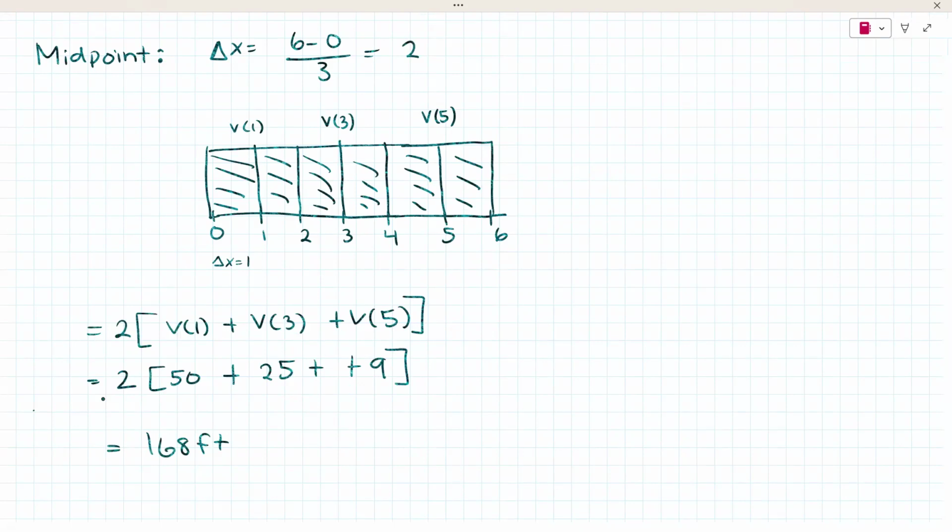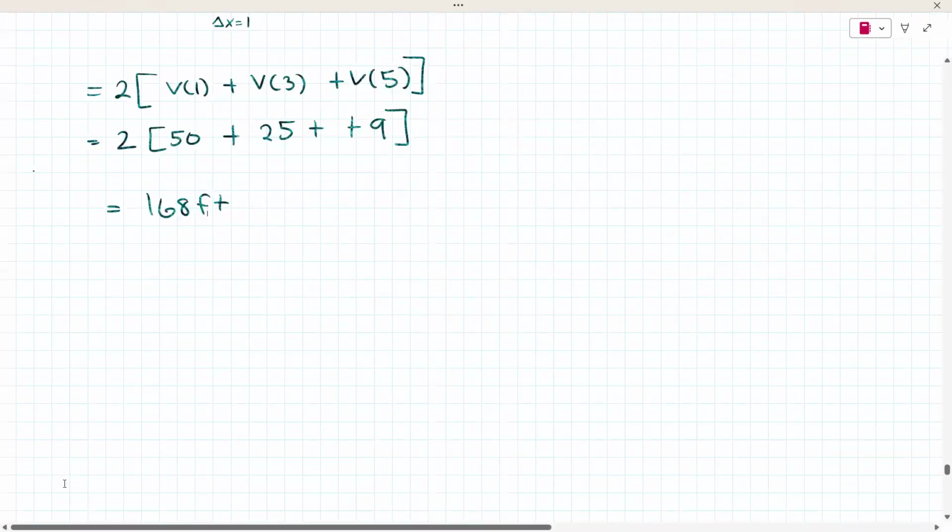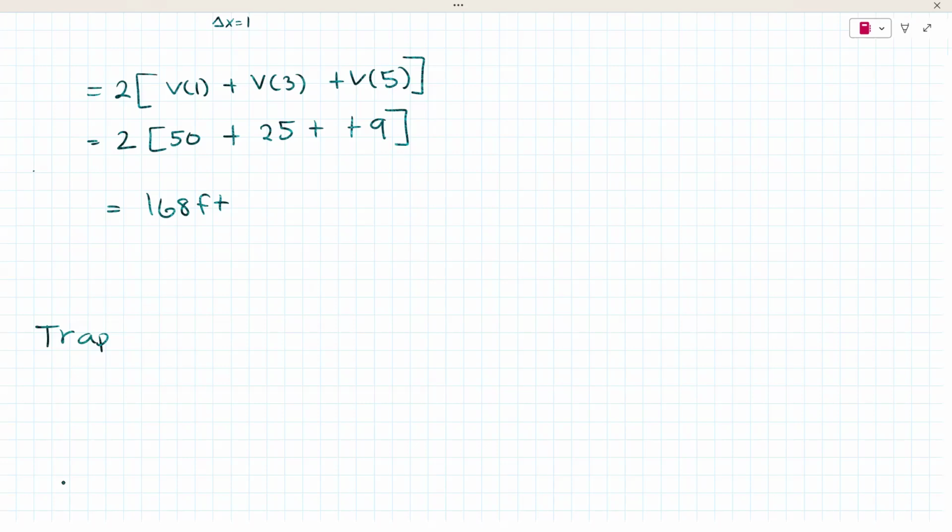Okay, now let's do the trapezoid method. In the trapezoid method, let me draw the image. I think the delta x is the same, so we could factor that out too.